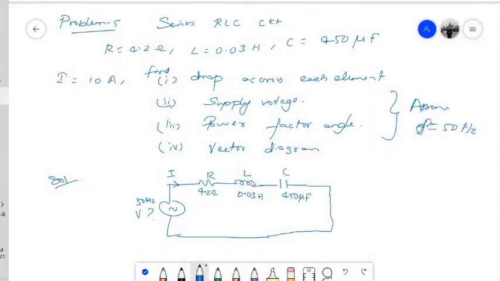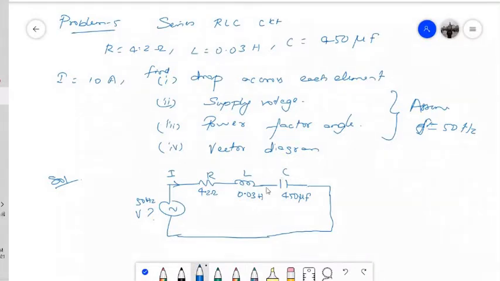You know very well that the voltage across the inductor will be leading the current by 90 degree, whereas in the case of the capacitor, the voltage across the capacitor will be lagging the current by 90 degree. You have already done the experiment, you have constructed the phasor diagram, you know that very well.